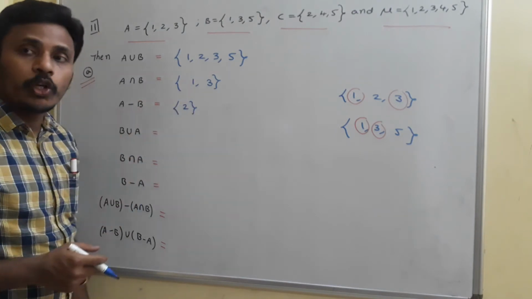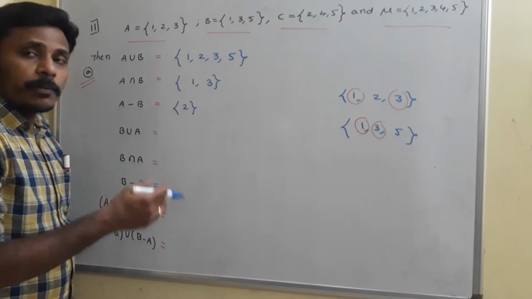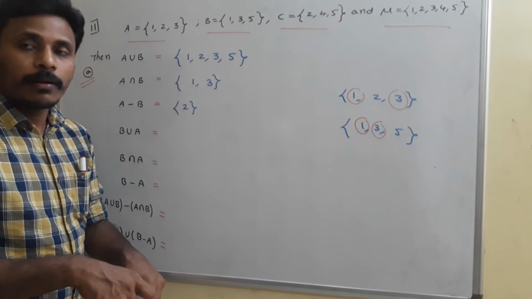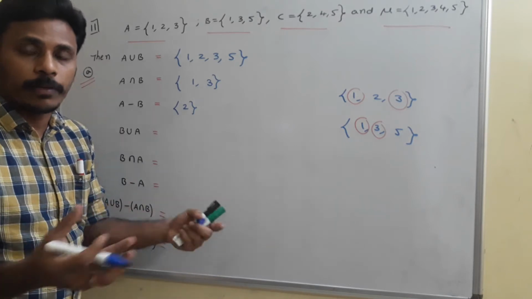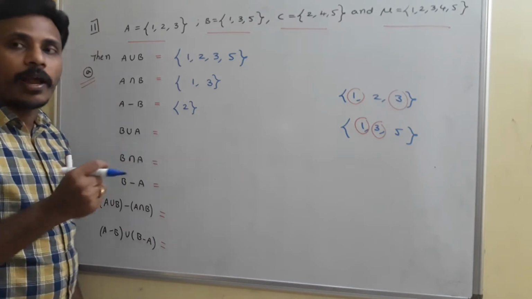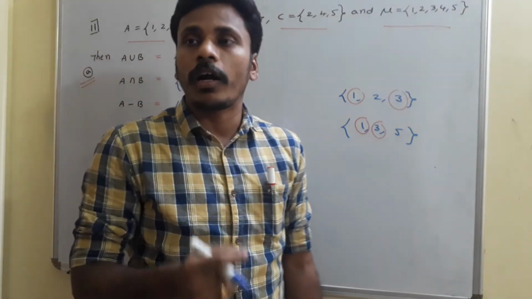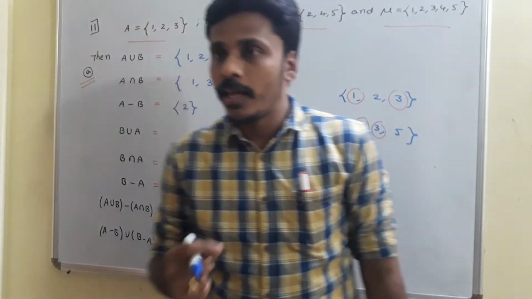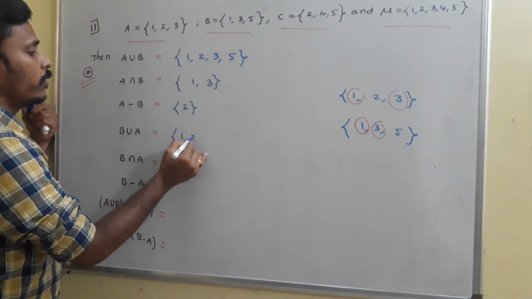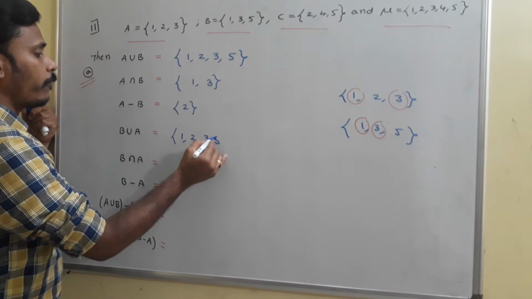And coming to B union A. B union A means again you need to combine both B and A. Union means or actually. That means we need to collect every element of A as well as B. So B union A is again 1, 2, 3, 5.